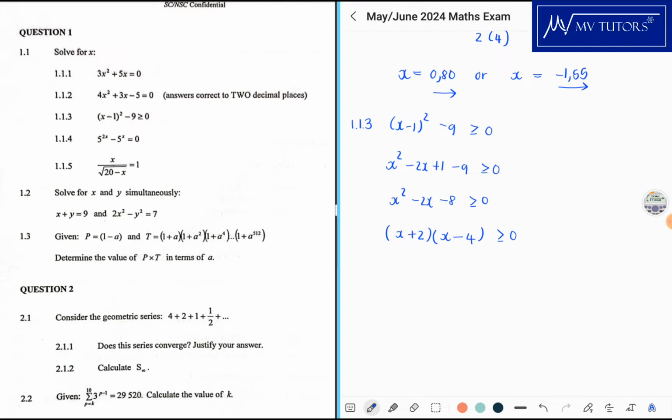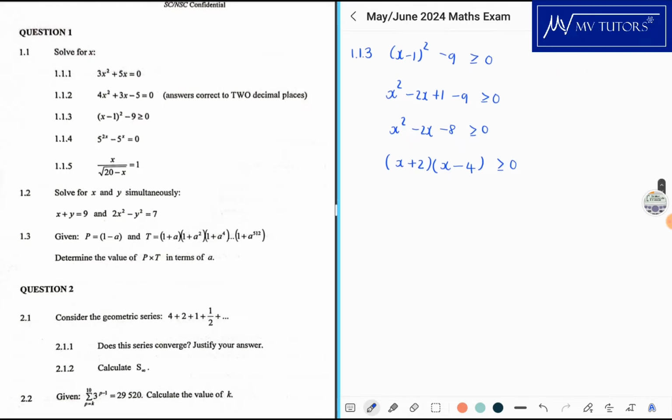Okay, so if I were to sketch then this parabola, it's a happy face parabola, by the way, I know that firstly x will be equal to negative 2, and then we have x is equal to 4, right? So there we have our negative 2 and our positive 4.